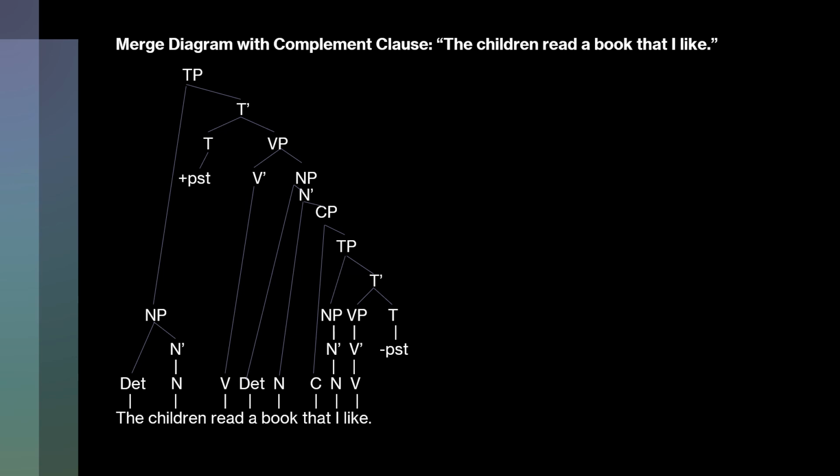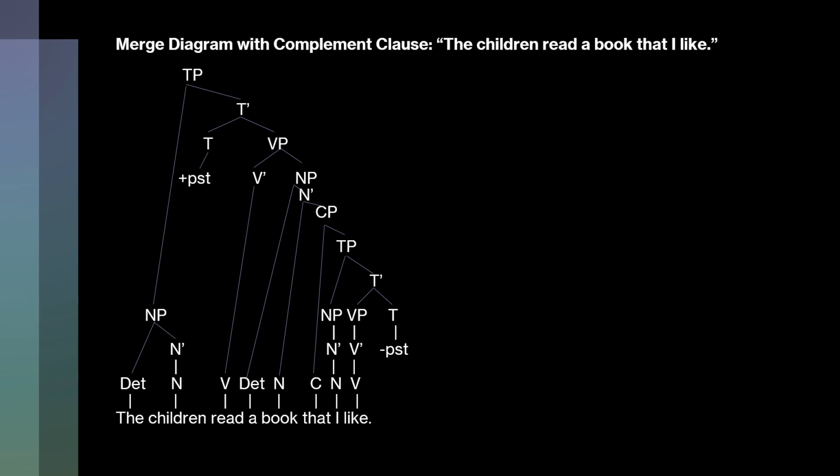And that embedded clause, right, we have "like" is a verb, "I" is a noun, and "that" is our complementizer word. It allows us to connect or embed this sentence as a complement of "book," okay? We work our way up then. We know that our verb "like" is our verb head.